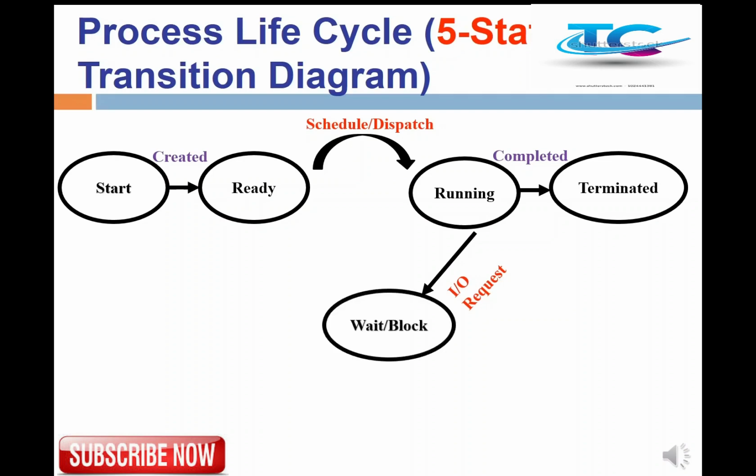So after putting in the IO request, the process must go to the wait state, or block state, until the file, the user input, or any kind of input output resource is available. If the IO resource is available, then it can again go to the ready state. It means the IO resource request is completed here.